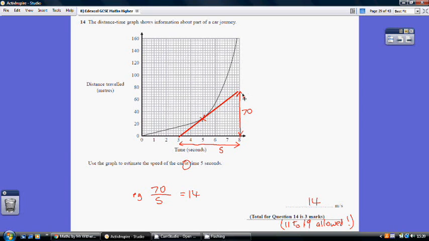So gradient is the y step over the x step, and my height here is 70, my y step, and my x step, the base of the triangle, is 5, going from 3 to 8. 70 divided by 5 equals 14. But as I said, as long as you've used your tangent and you've properly then divided your y step by your x step, you'll get the marks anywhere between 11 all the way up to 19.